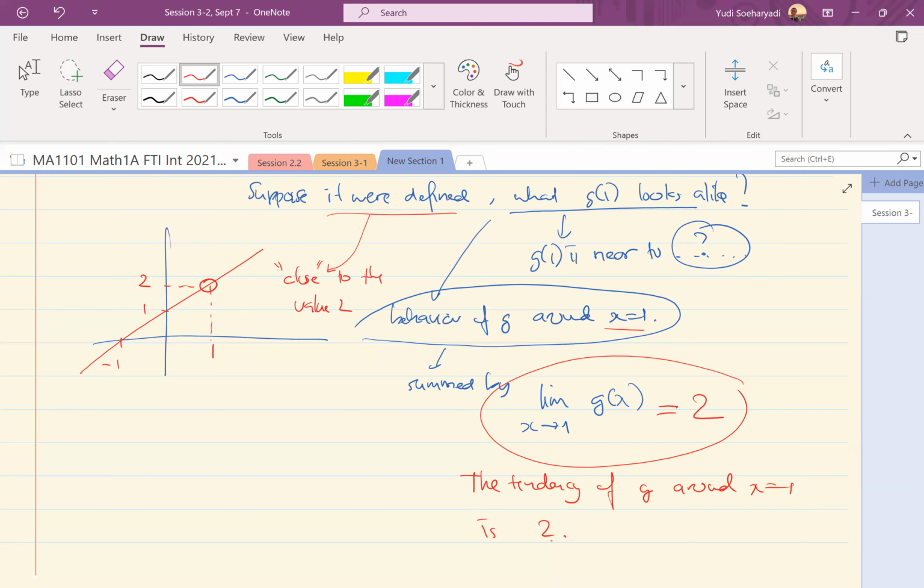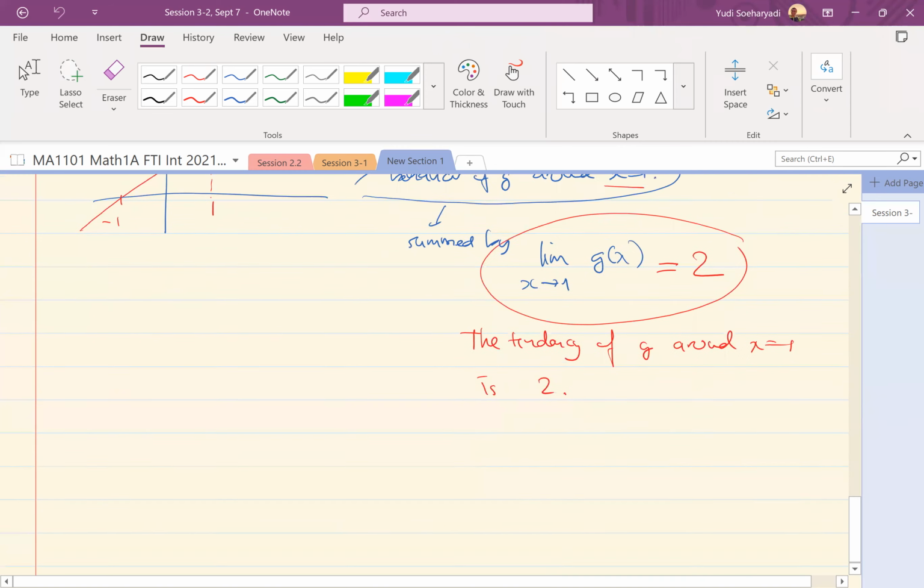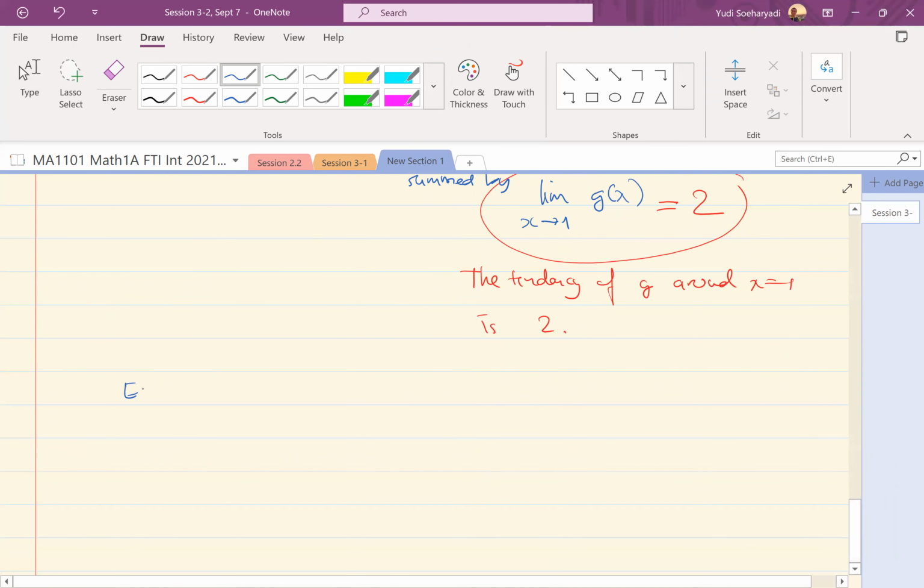Okay, so let's do some example. The thing here is this limit, limit as x goes to 1 of x cubed minus 1 over x minus 1.